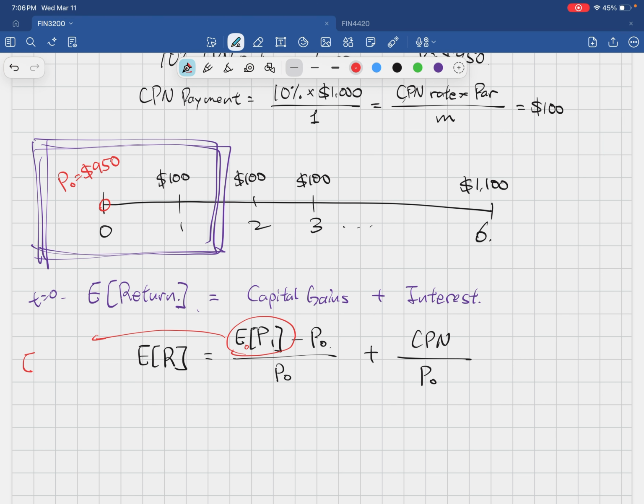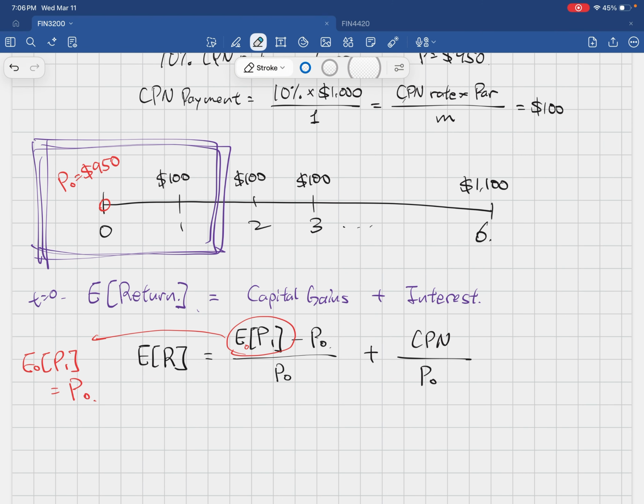If you were to come up with one number based on current information, the best guess of the future price in time 1 is still the current price. This is because markets are efficient, but this part is not too important here.